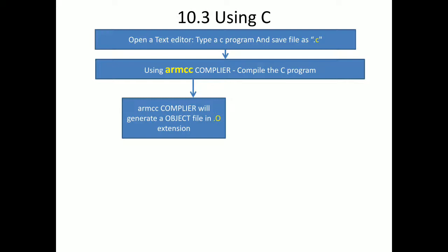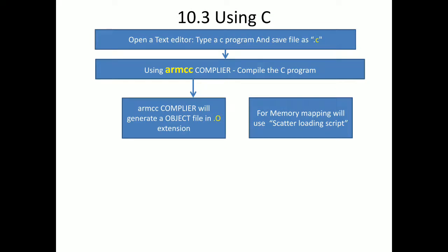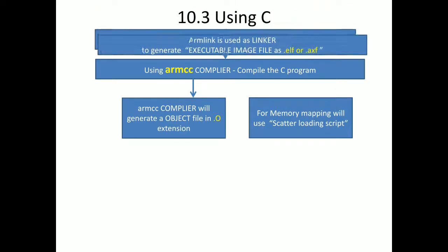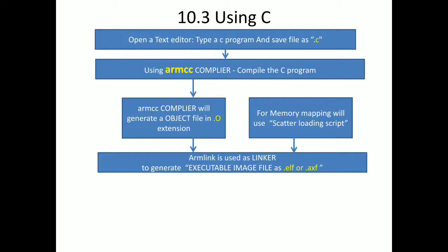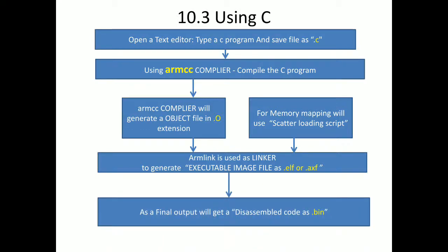Then, along with it, for memory mapping, we'll use the scatter loading script, and these two files will be sent to the linker. The linker will generate a .elf file, or .eif file, where EIF means executable image format file.